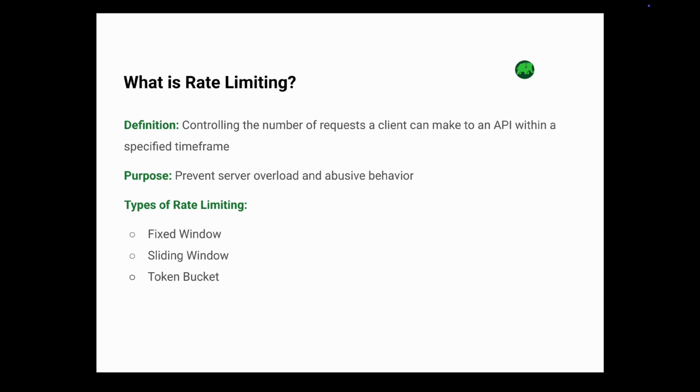There are several types of rate limiting, which include fixed window, sliding window, and token bucket. Fixed window limits requests within fixed time intervals, while sliding window is a more dynamic approach to limiting requests. And also token bucket, which allows bursts of requests followed by a controlled rate.